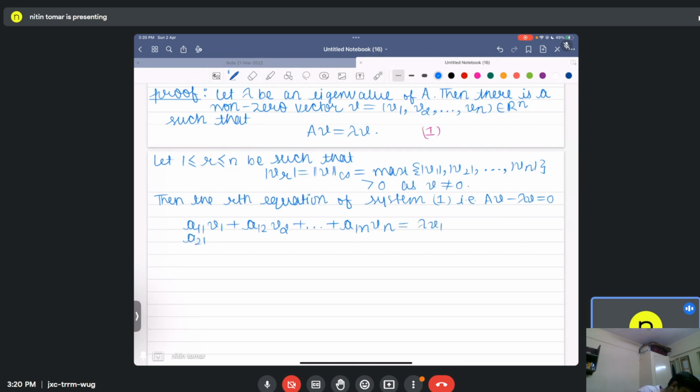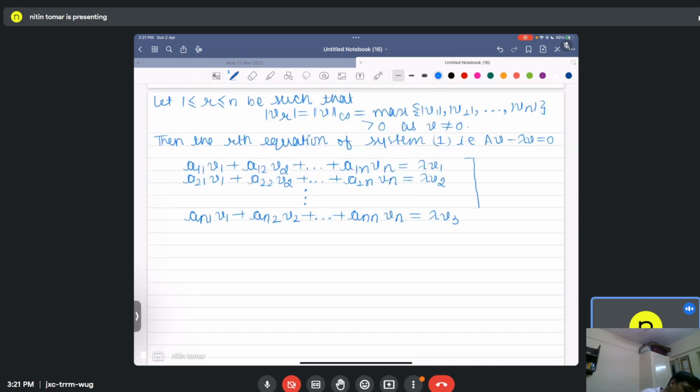So the second equation will be A21 V1 plus A22 V2 equals lambda V2, and so on and so forth, AN1 V1 and so on. So this will be it.